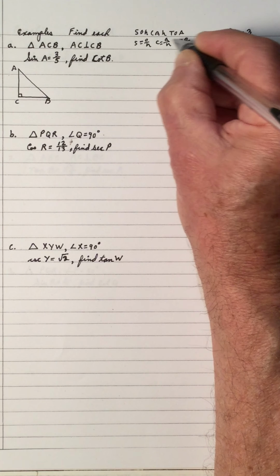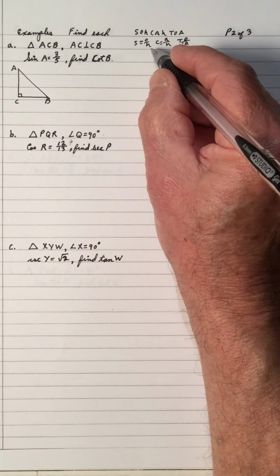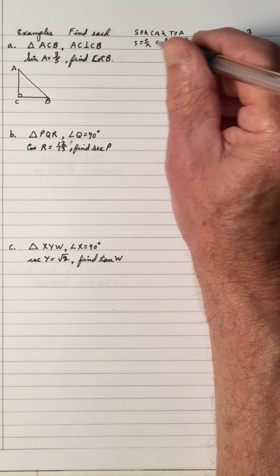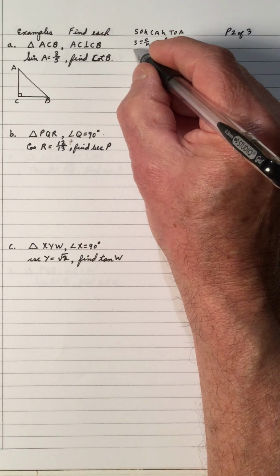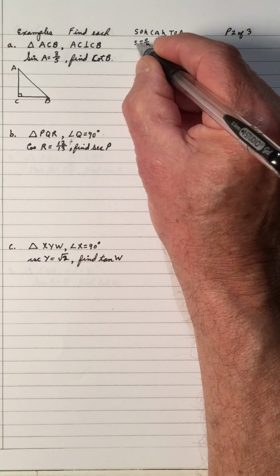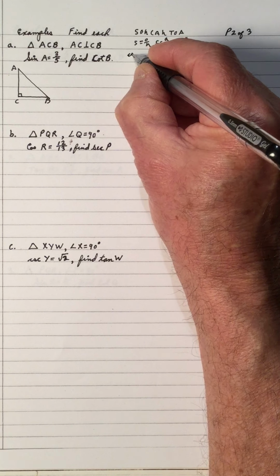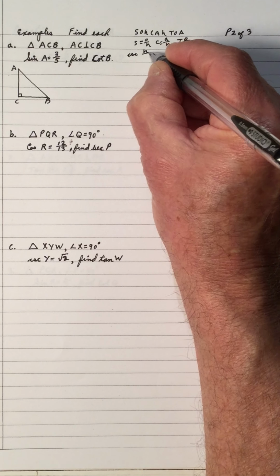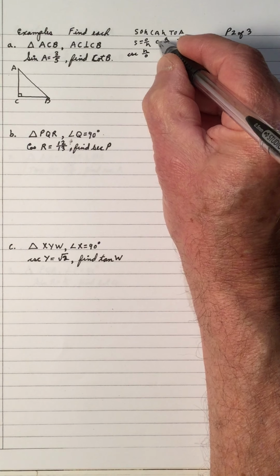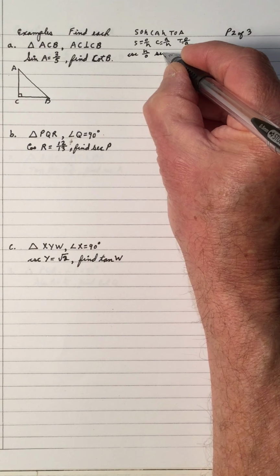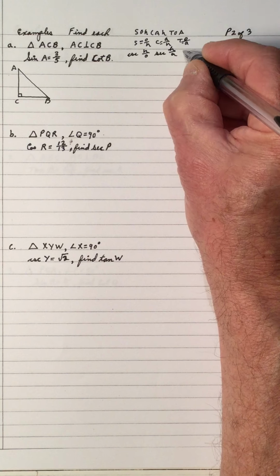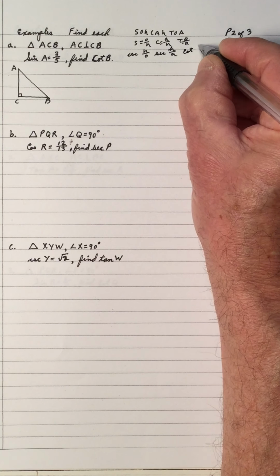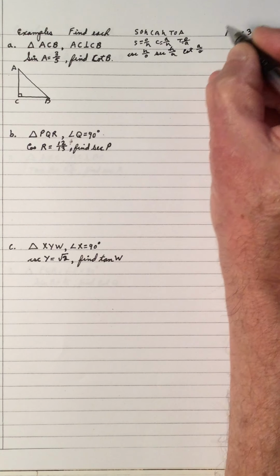That's the primary trig ratio of an angle. Now the reciprocal of sine is cosecant, which is hypotenuse over opposite. The reciprocal of cos is secant, hypotenuse over adjacent. And the reciprocal of tan is cot, adjacent over opposite.